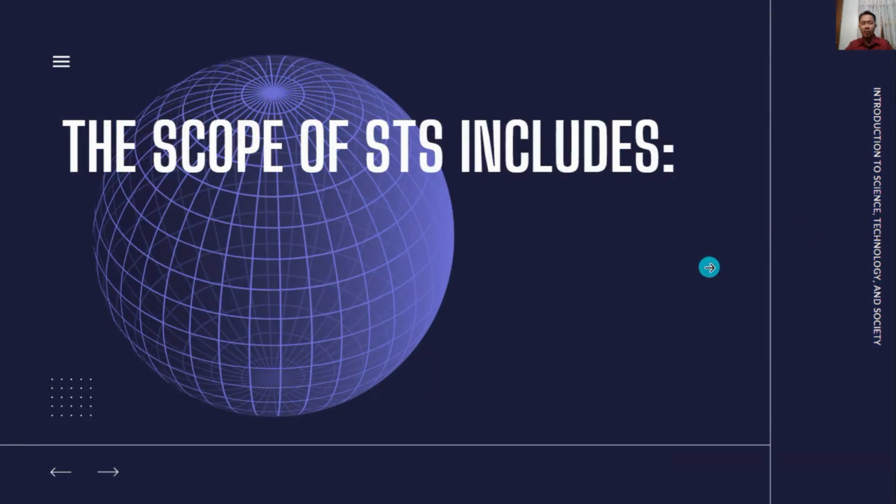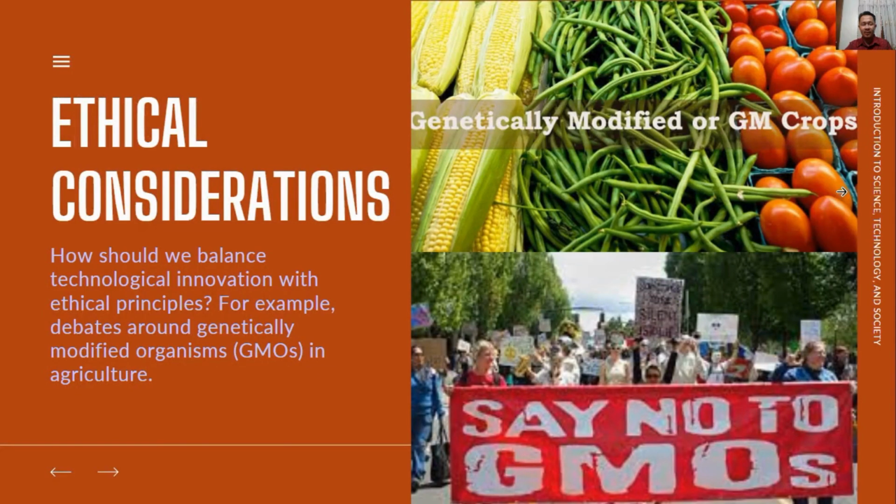So, what is the scope of science, technology, and society? First, the ethical considerations. The question is, how should we balance technological innovation with ethical principles?